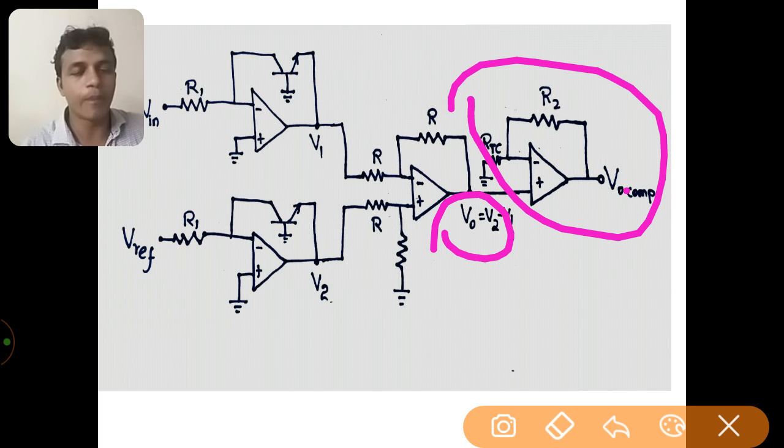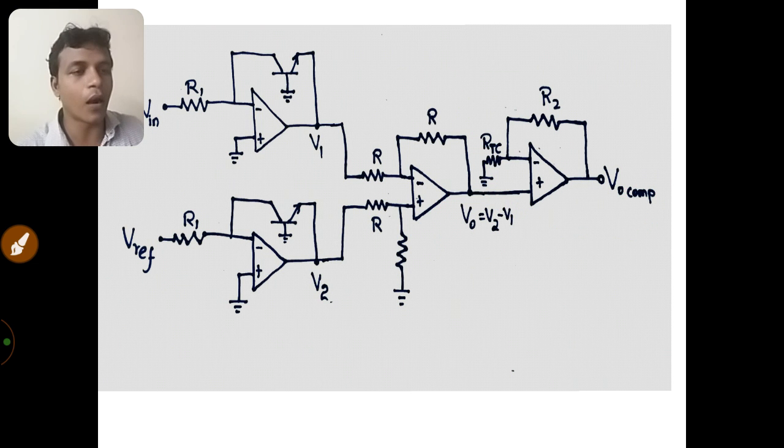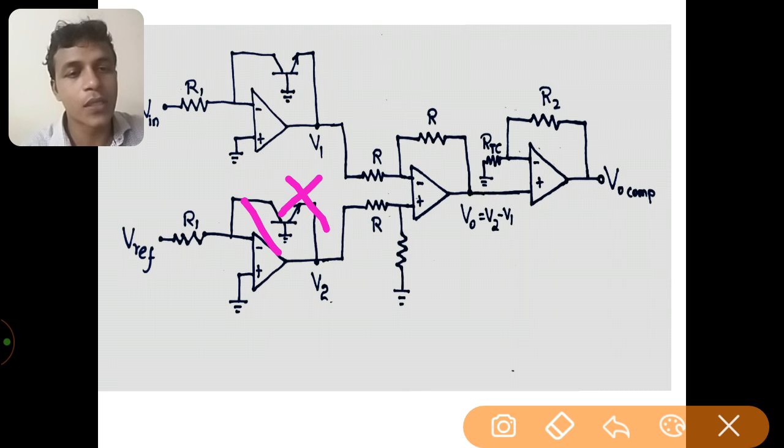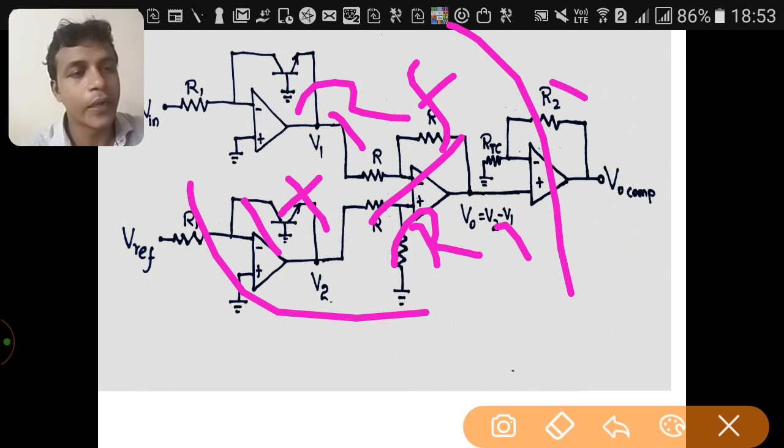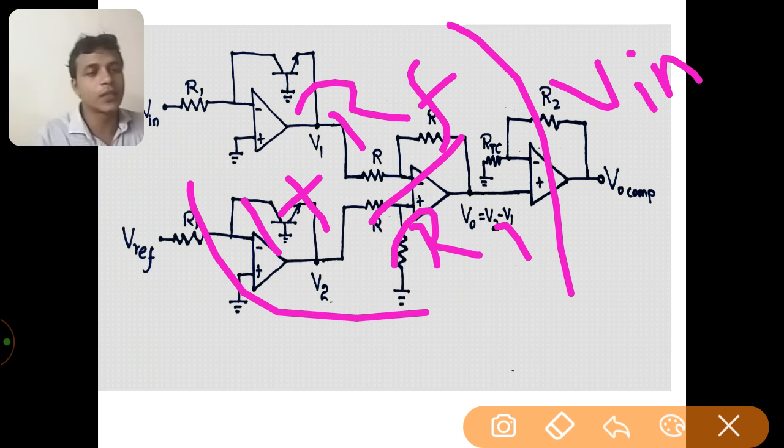The output of a non-inverting amplifier is 1 plus Rf divided by R1 into the input voltage Vin, where Rf is the feedback resistor, R1 is the input resistor, and Vin is the input voltage.